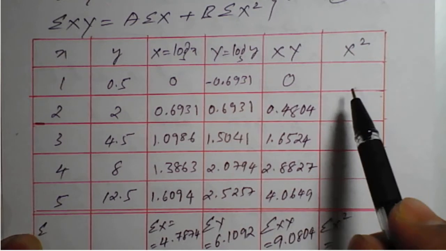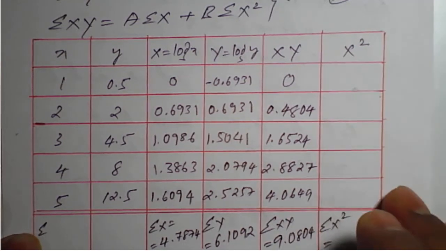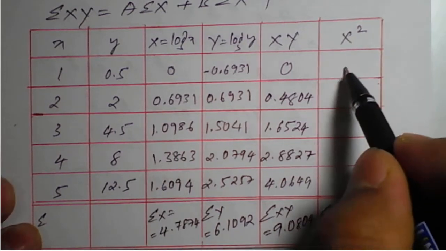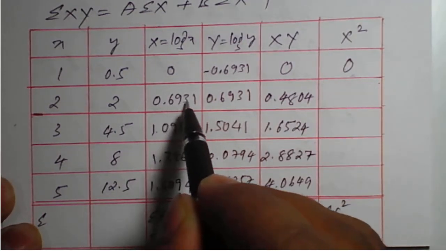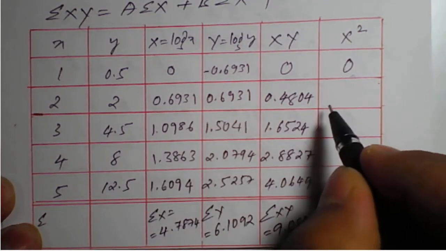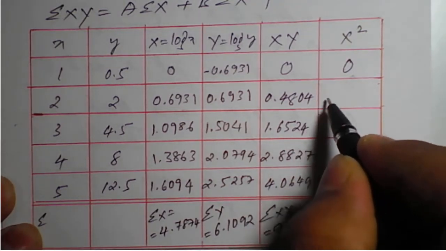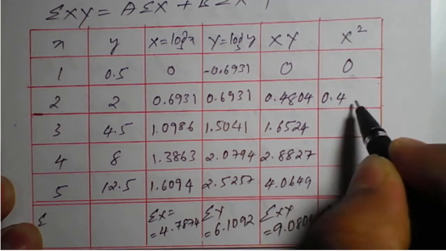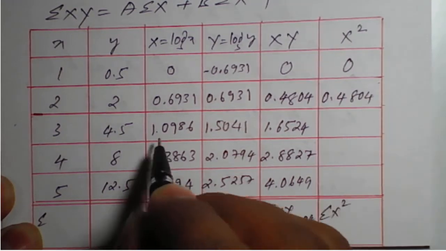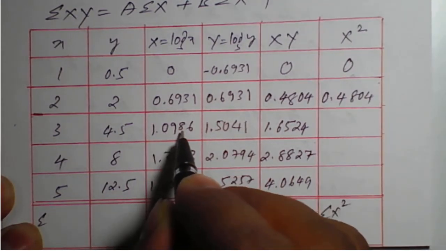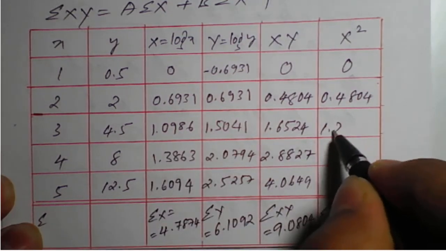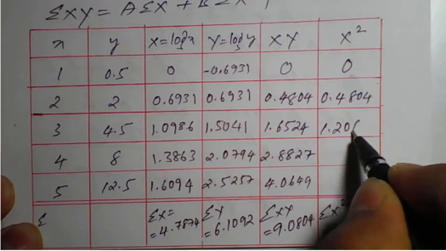Then we need to work for capital X square. 0 square is 0, 0.6931 square will be 0.4804, 1.0986 square will be 1.2069.